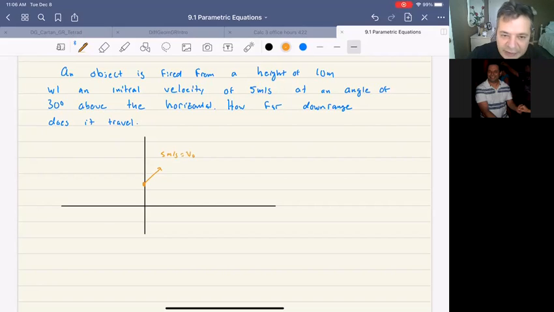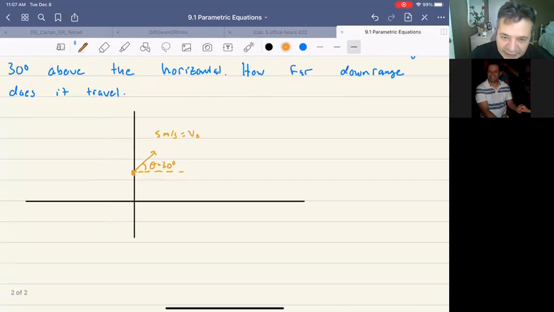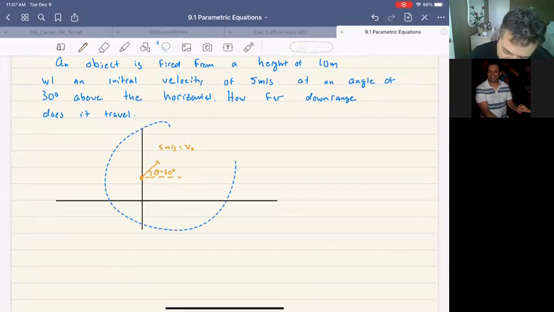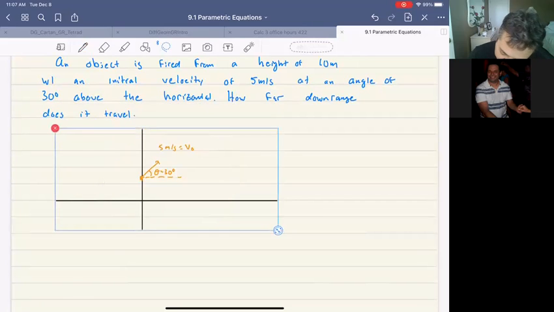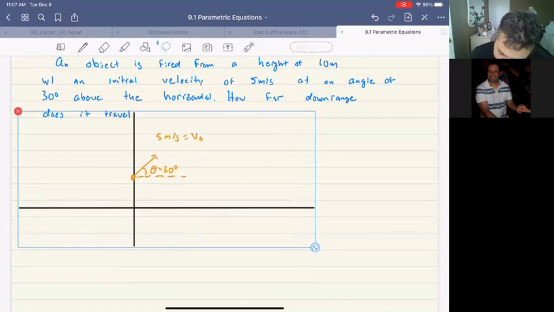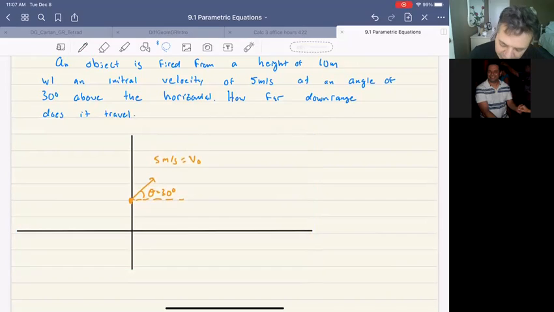Let's call that V0, at an angle theta of 30 degrees. So what's going to happen? This thing's going to hit its max and come back down.